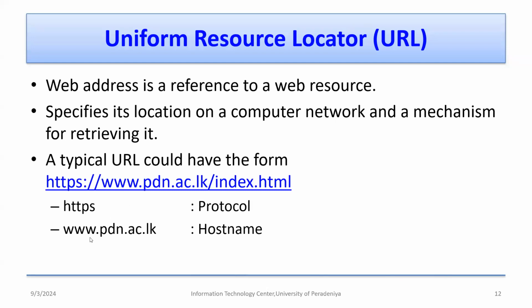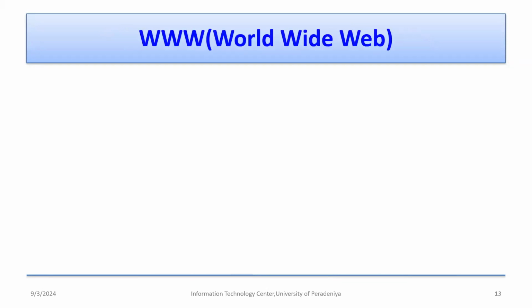Here, this is the web server used to host this website. And this is the resource name, the file name. So this is the typical format: protocol, host name, and file name.